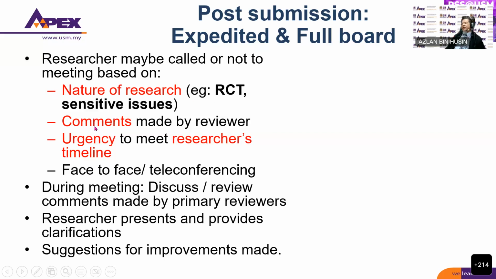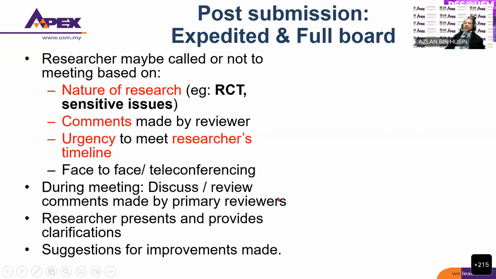If you think there is a lot more information that requires live interaction, then, so as not to delay, we call. Also some researchers have certain deadlines that have to be met urgently, so we also entertain this, depending on the request of the researcher and the availability of our panels. So don't get disheartened if you are called.